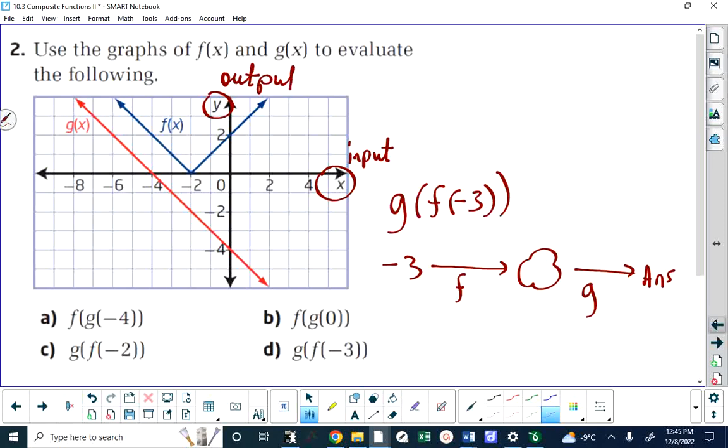So if you want to run negative 3 into f and see what comes out, you go over to negative 3, and for an input of negative 3, you look at the y coordinate, which is the output on f. That would be 1. So 1 comes out. But now 1, which is the y coordinate of f, becomes the x coordinate of g because it's going into g. So now you go over here to 1 and you read what g is, and it's negative 5.